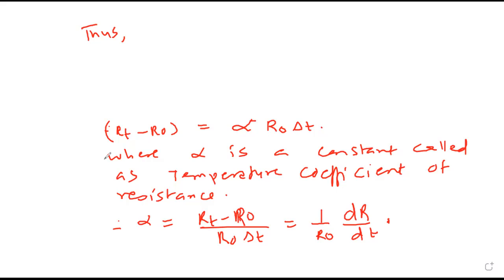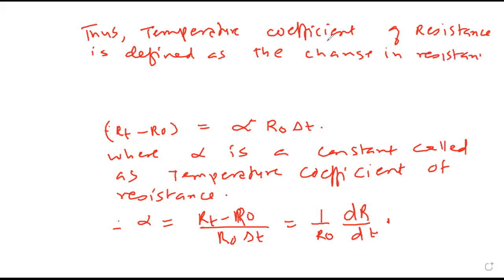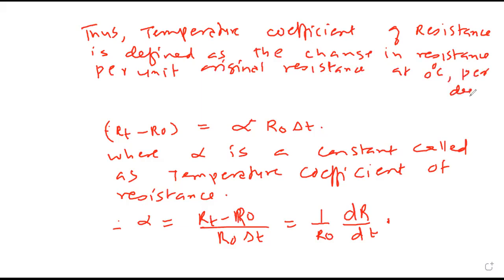Thus, temperature coefficient of resistance is defined as the change in resistance per unit original resistance at 0 degrees Celsius, per degree rise in temperature. Please copy this much again.